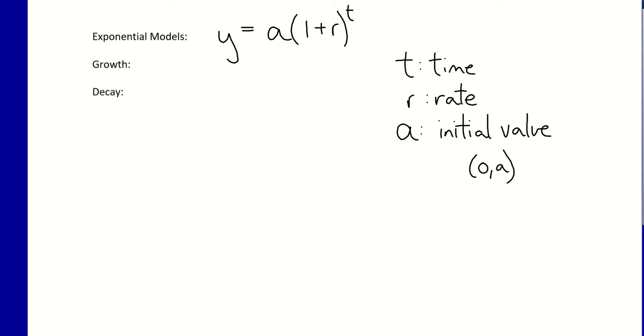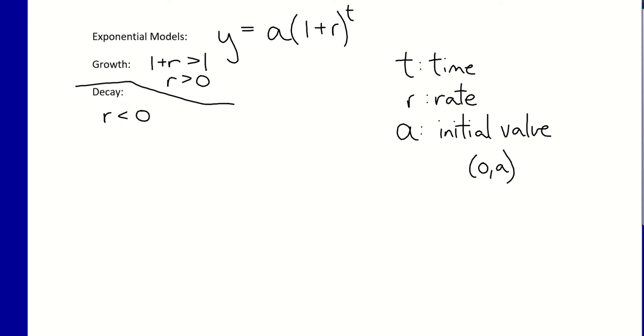And so in this case, we know that if k is greater than 1, it's growth. But k in this model is 1 plus r. So if 1 plus r is greater than 1, that means that r has to be greater than 0. So if your r value is positive, that would represent growth, and an r value that is negative would represent decay.